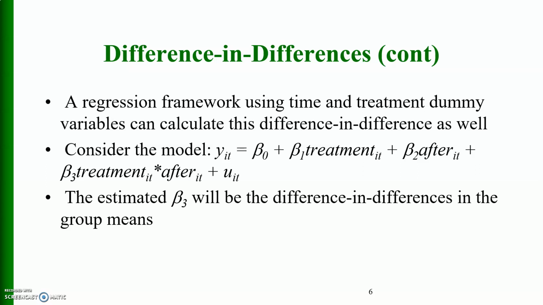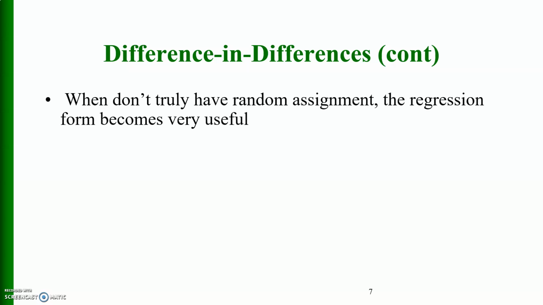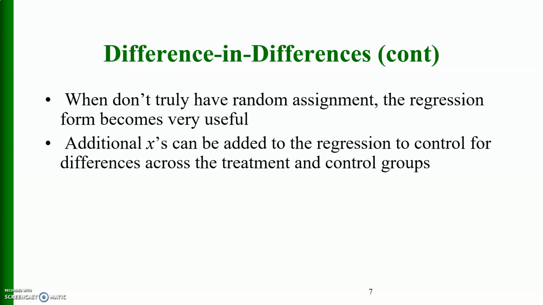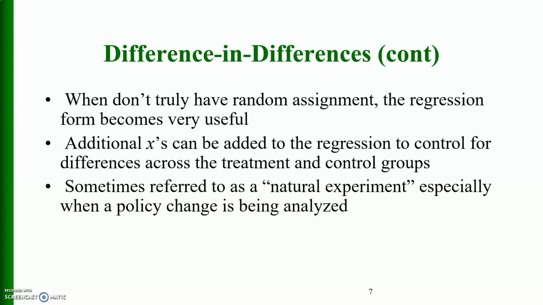So you can use this. When we do not truly have random assignment, the regression form becomes very useful, and additional x variables can be added to the regression to control for differences across the treatment and control groups. Sometimes referred to as natural experiment, especially when a policy change is being analyzed.